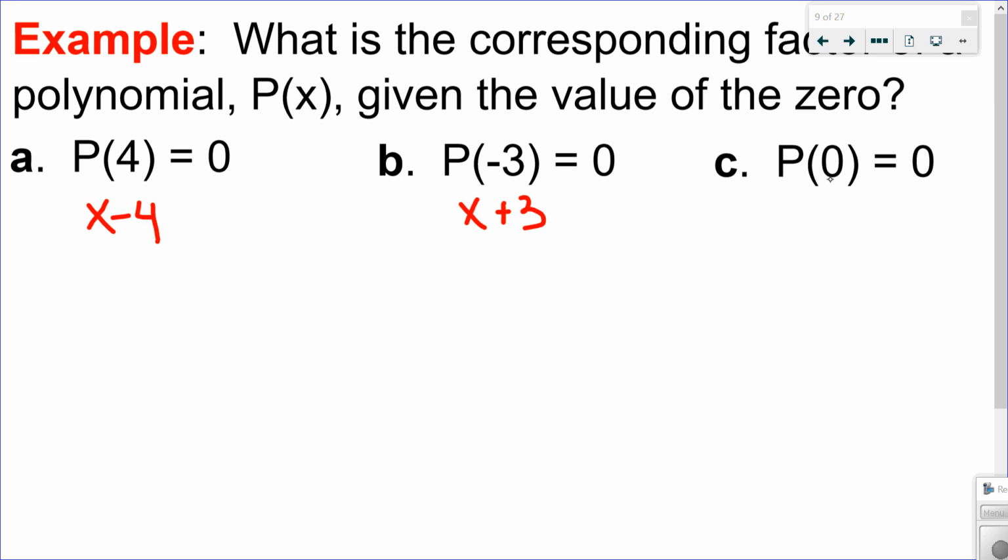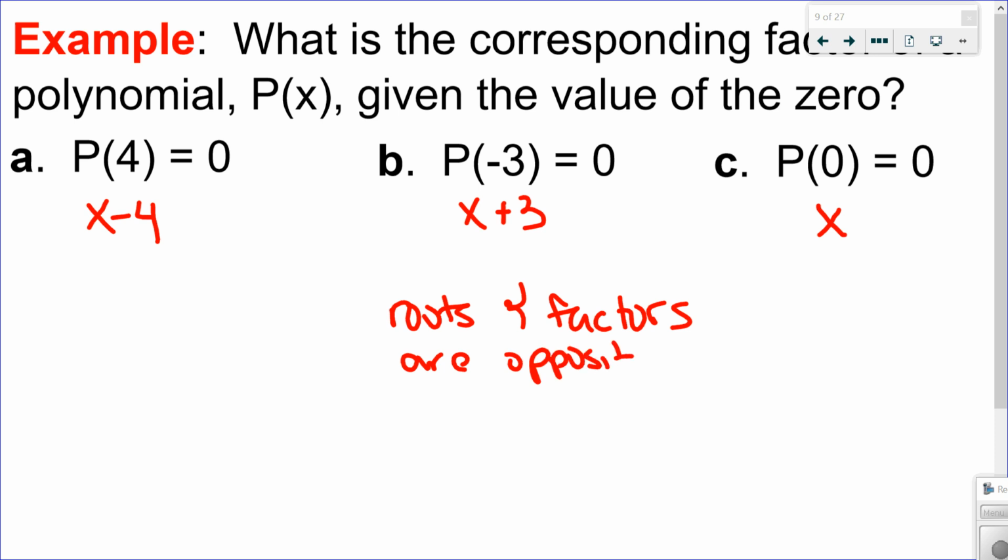If the value of the polynomial at x equal to 0 is 0, that means that just x by itself is the factor. So we have the corresponding factors and the corresponding roots. Just remember that roots and factors are opposites of one another.